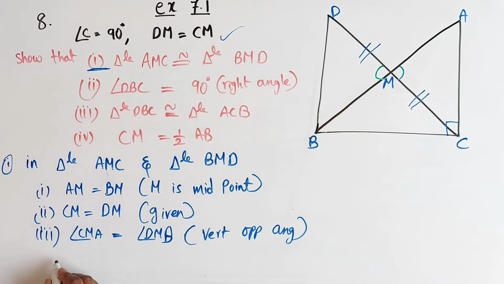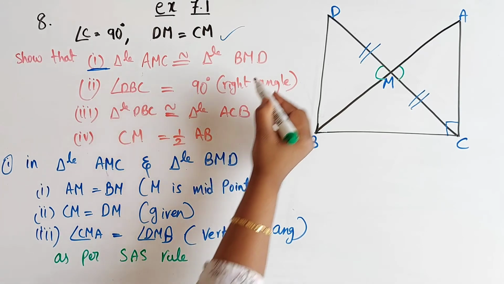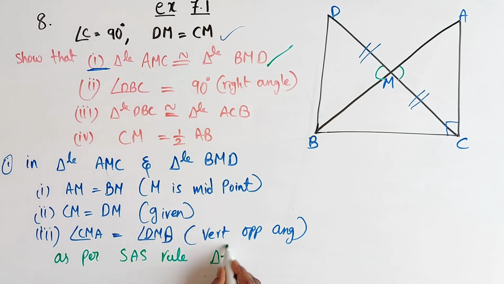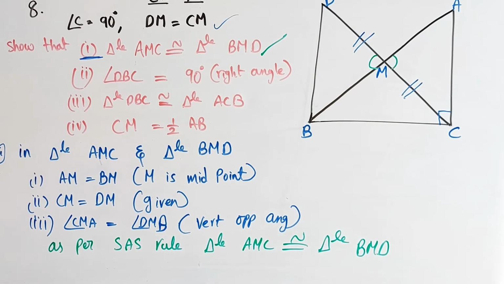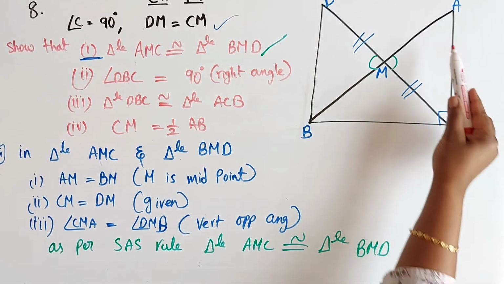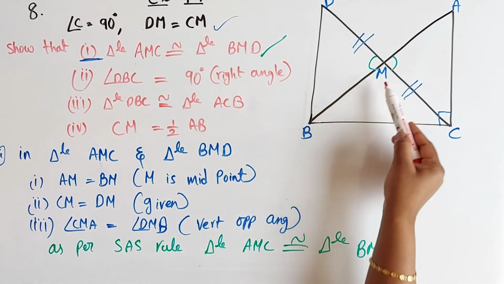As per SAS rule, we can say that triangle AMC is congruent to triangle BMD. This triangle is congruent to this triangle now.